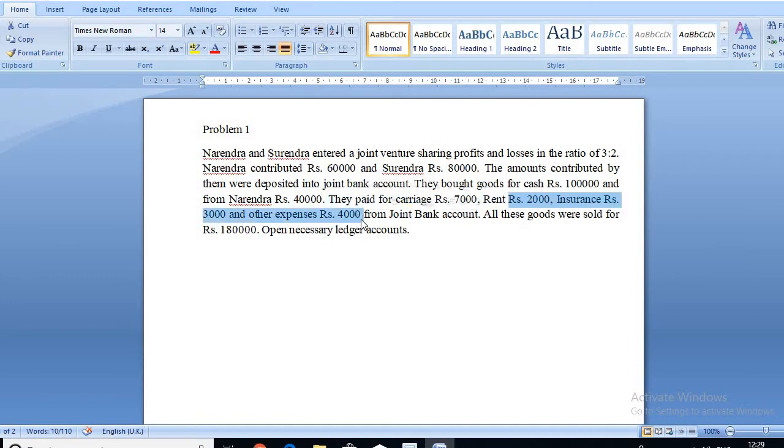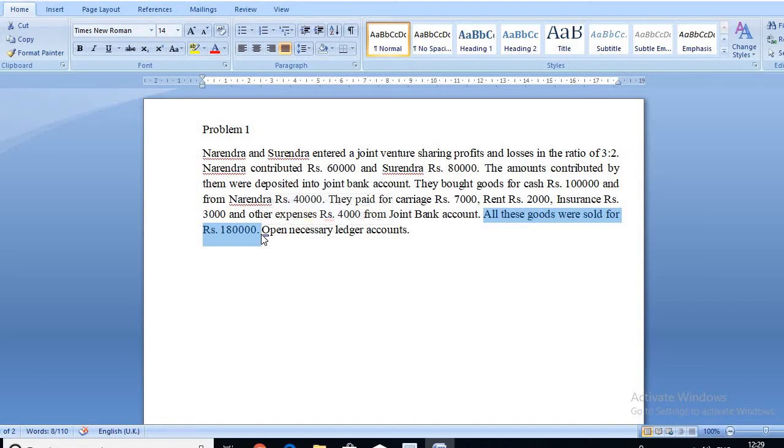These expenses were paid from the joint bank account. The last transaction is that all these goods were sold for rupees 1,80,000.